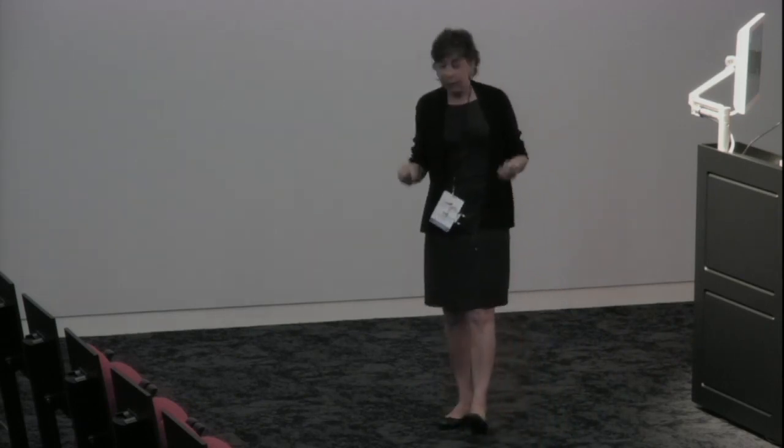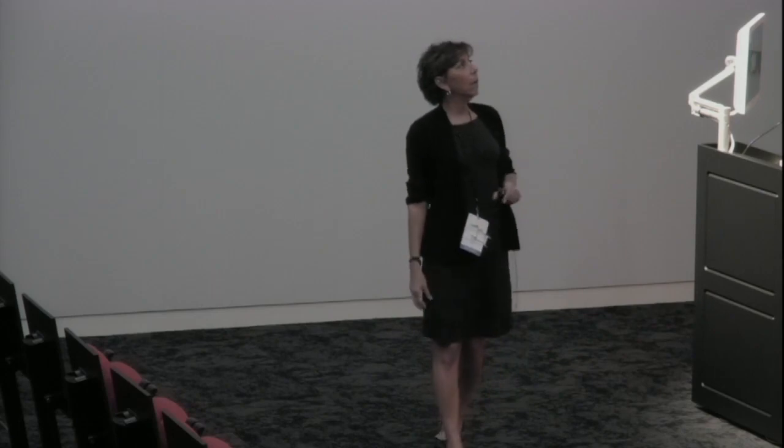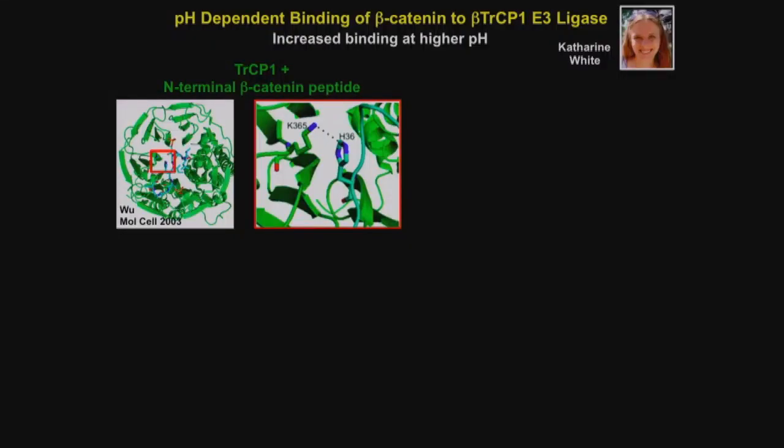What we did see, however, is a paper from a number of years ago of the crystal structure of beta-TrCP made with the docking of a beta-catenin N-terminal peptide.